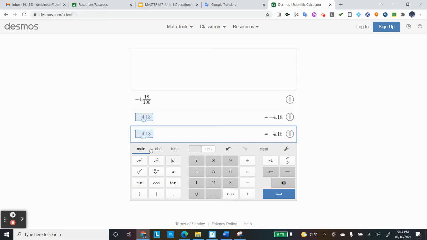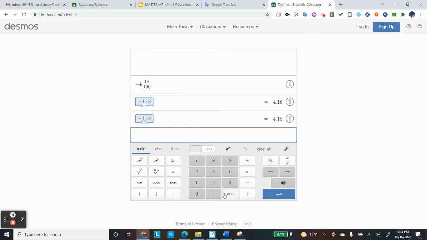I'm going to show that answer down here, and I want to just get rid of the -4. I want to put that to the side. It's the 0.18 that I need. So let me put the 0.18 in my calculator, because I know the first part of my number is -4. So the fractional part is the 0.18.